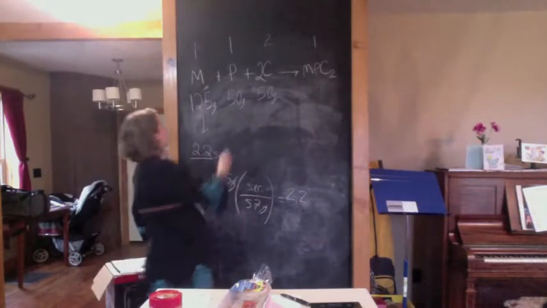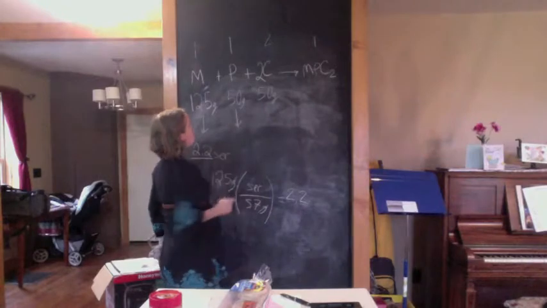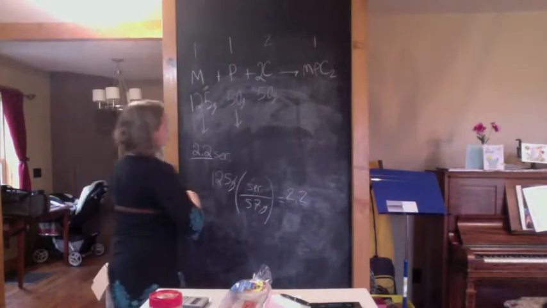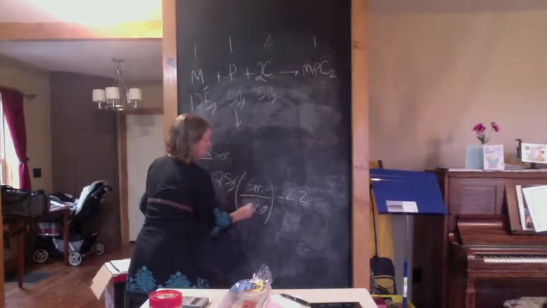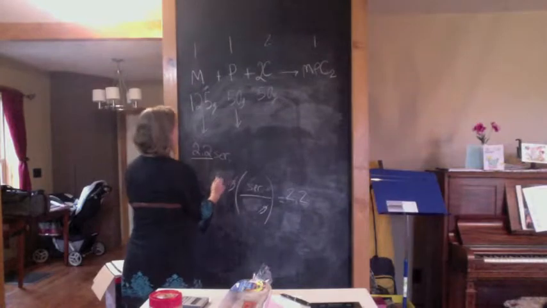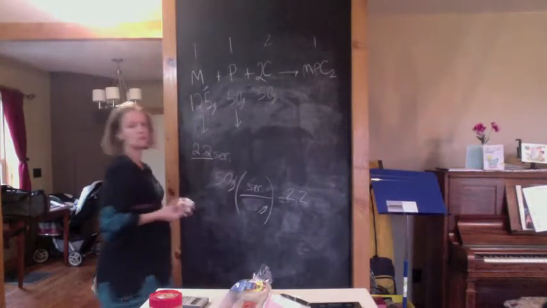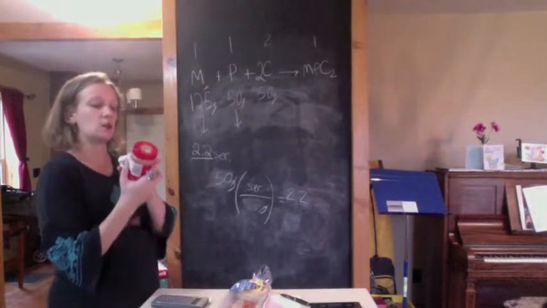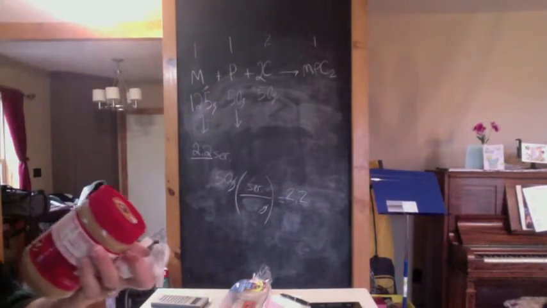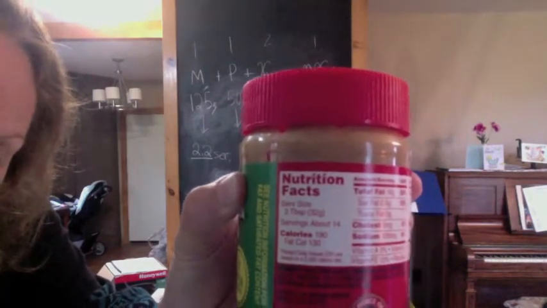Now peanut butter, we're going to do that same conversion, 50 grams, and divide by the mass of peanut butter per serving. So our starting measurement is 50 grams. And if I look at the container, we can see it weighs 32 grams per serving size, which is 2 tablespoons.